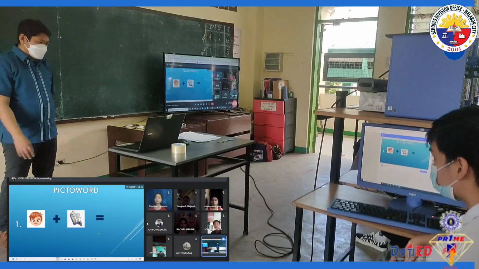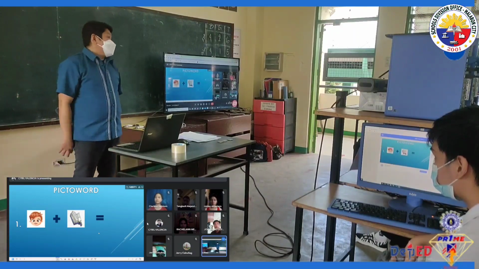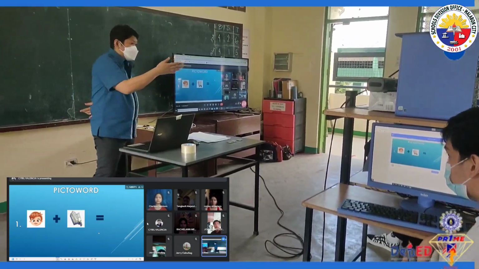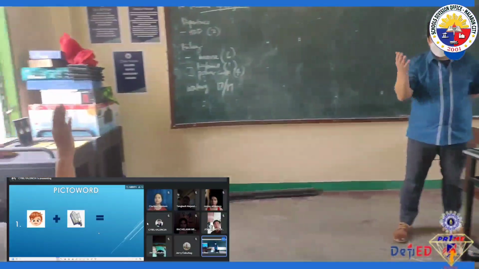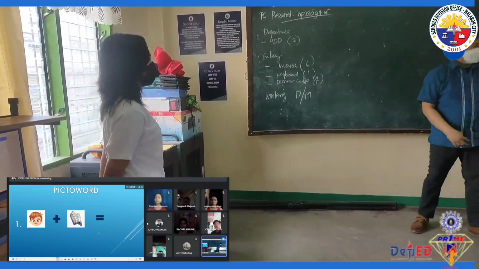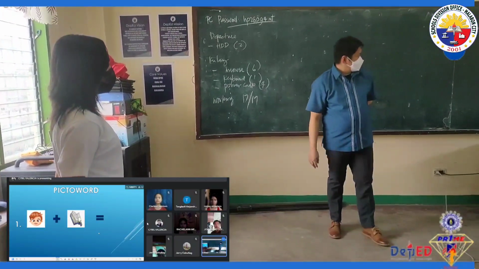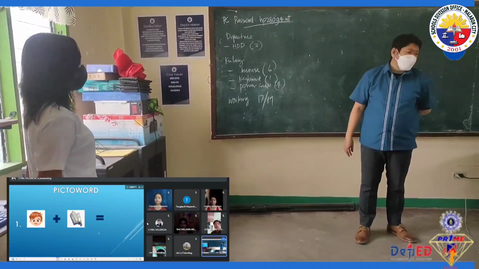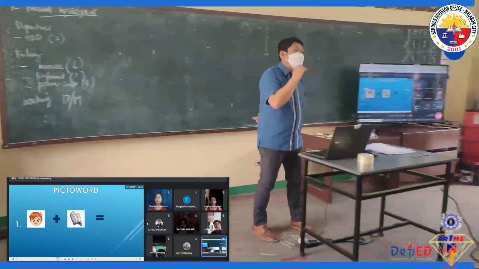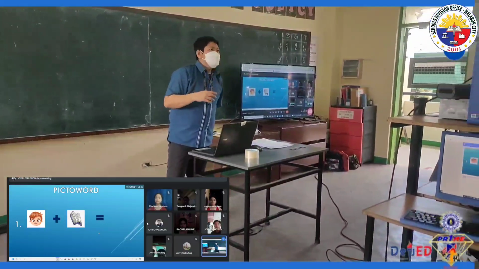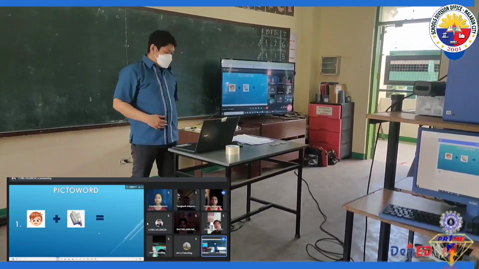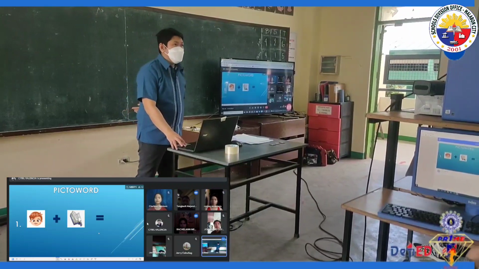So, this one is known as a picto word. Who would like to try picto word? Number 1. Okay, Lia? The first picture shows place followed by book, and that is Facebook. Okay, Facebook. So, do you agree? Online students? Yes po. Okay. Yes po, sir.